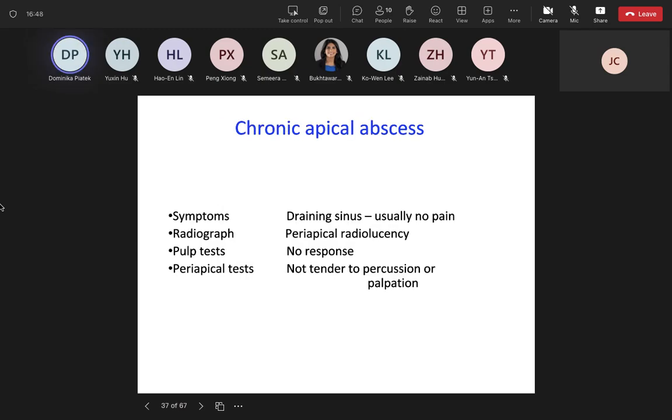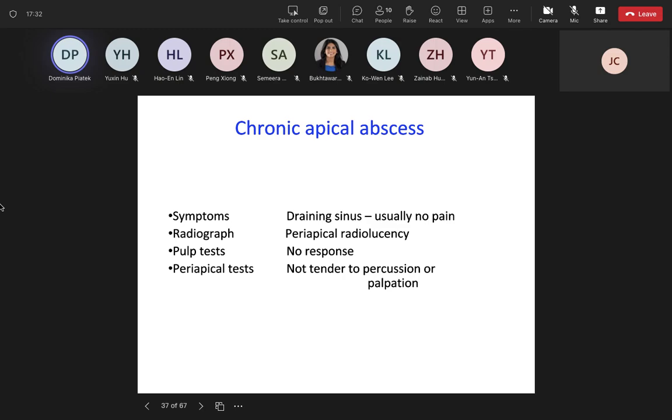For the chronic apical abscess, the main symptom that we will observe is a draining sinus. We will observe a sinus tract. Usually this is not painful, so the patient can only report having observed something on the mucosa near the tooth, in the area where the tooth apex should be: some elevation of the mucosa with an opening through which pus is flowing.